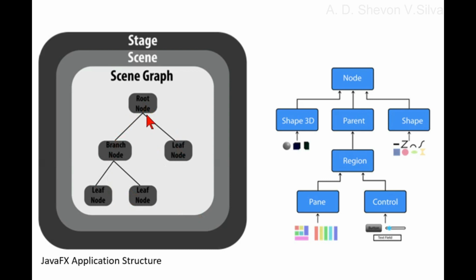The root node interacts with branch nodes and leaf nodes, and branch nodes interact with leaf nodes. Here you can see Node contains subclasses Shape3D, Parent, and Shape, and Parent contains a subclass Region, and Region contains subclasses Pane and Control.